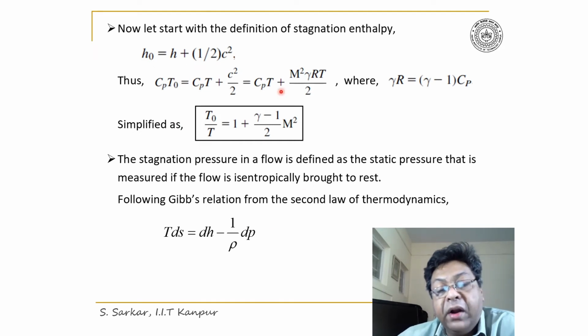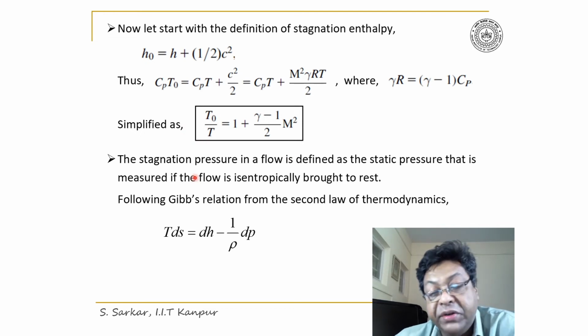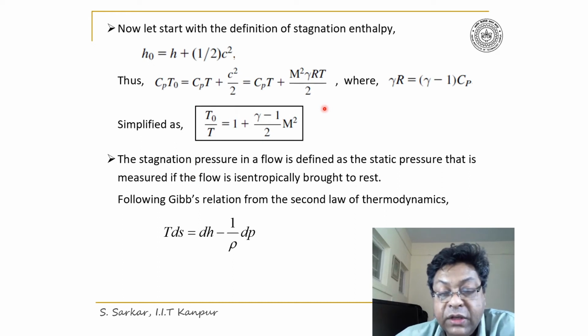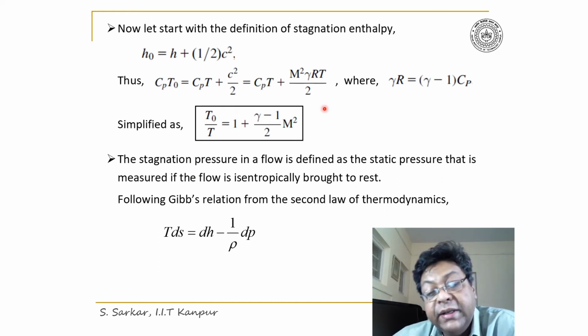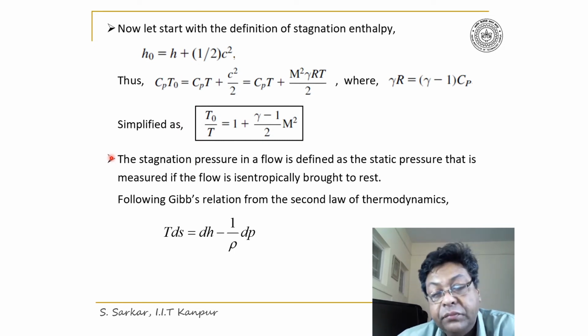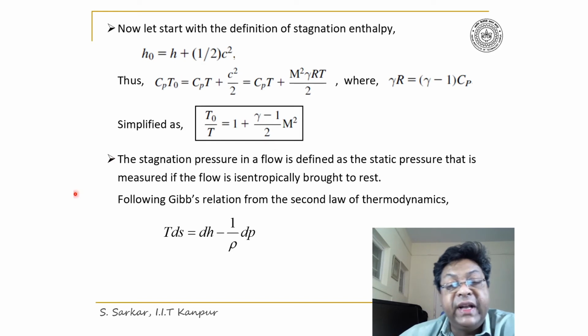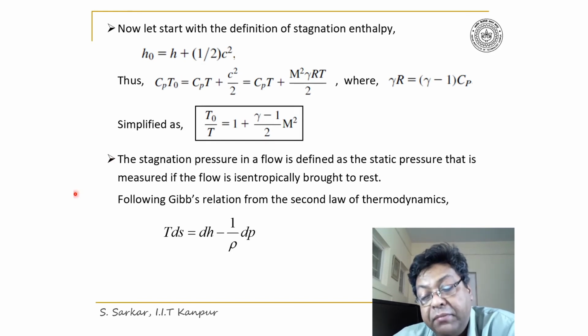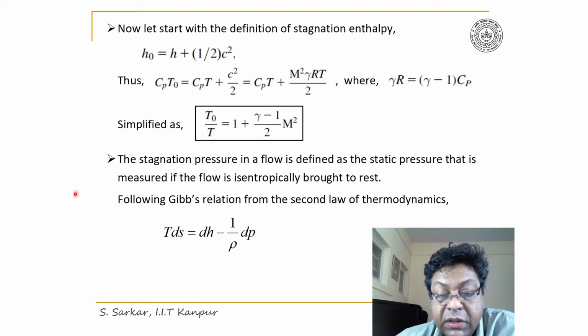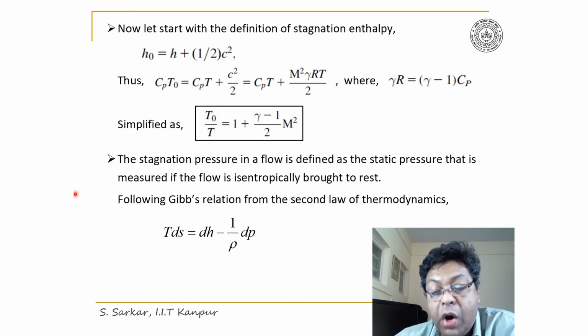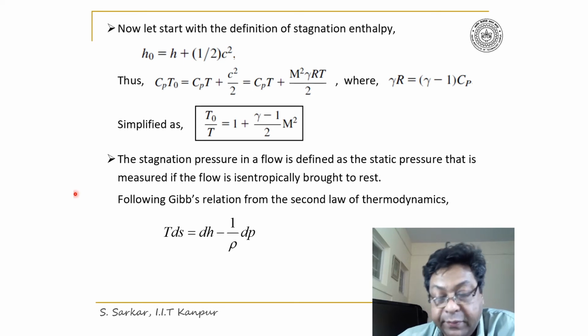And you realize here that the ratio between the stagnation and static temperature is related to the Mach number squared. So as the Mach number increases, the total temperature will increase with the square of that. Now, after that, I'll try to establish a relation between the ratio of stagnation pressure to the static pressure.